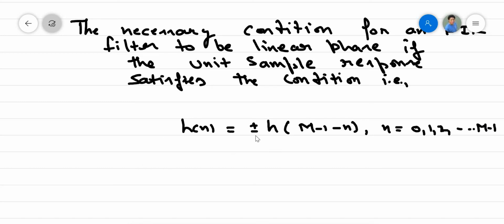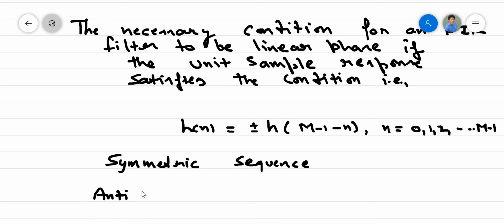Now this plus minus sign is the case for symmetric sequence and anti-symmetric sequence.